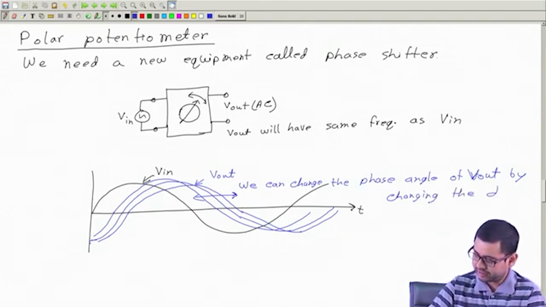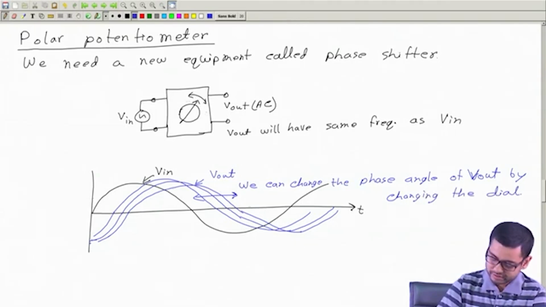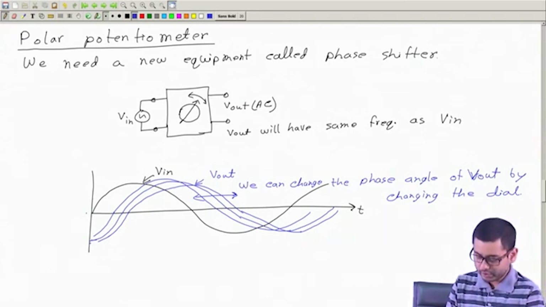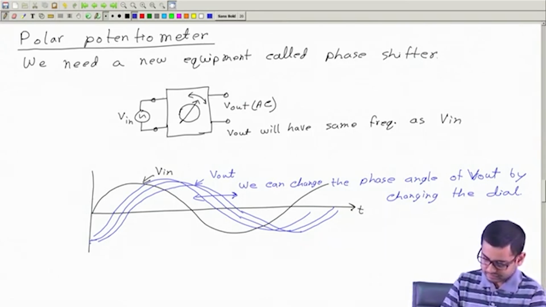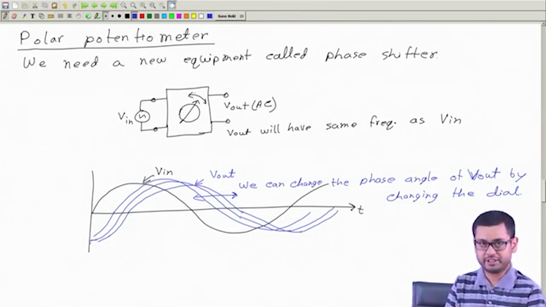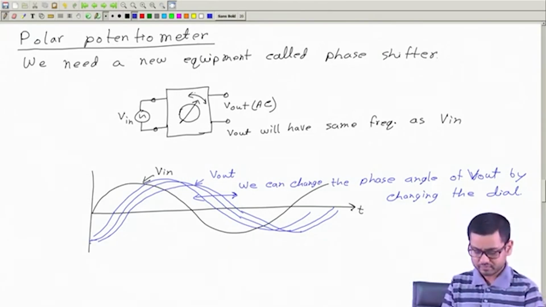If we move it towards the right, it will have more delay. If we move it towards the left, it may have smaller delay. This is what a phase shifter does functionally.